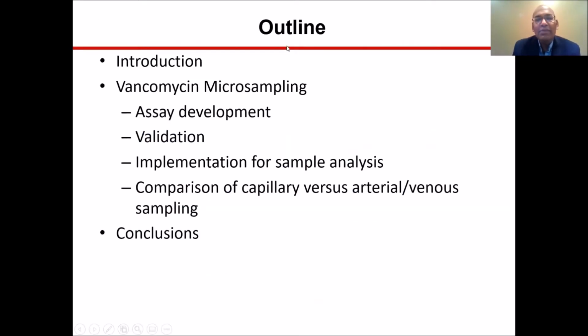I'll be talking more from a bioanalytical perspective in the early part of my presentation, focusing on one antibiotic drug that we have been working on for the last 3-4 years, which is vancomycin.